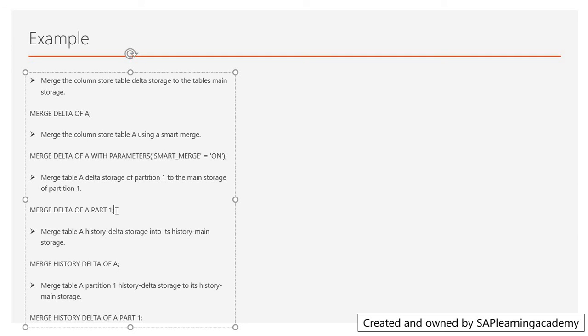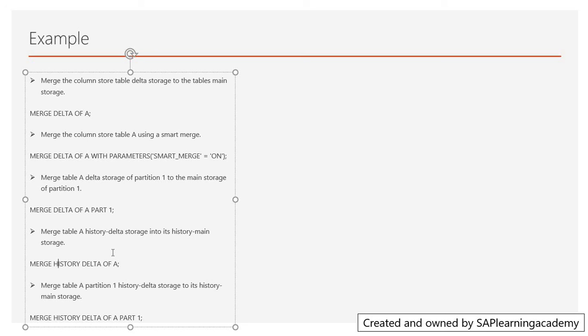And in this example, I have shown the partition. Suppose your table has multiple partitions and you want to transfer just the data of your part 1 partition, you can write like this: merge delta of A, then partition 1. Now if your delta has history data, so merge the table A history storage into its history main storage.